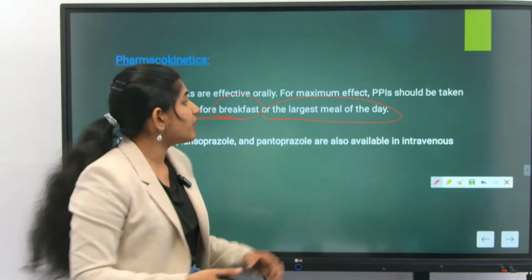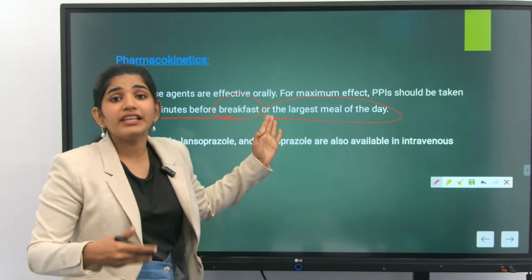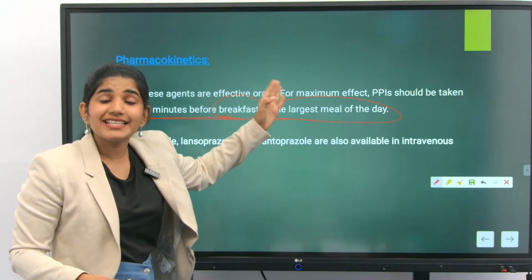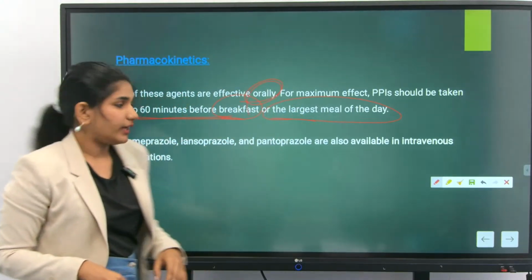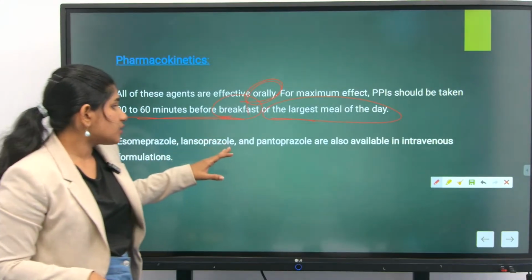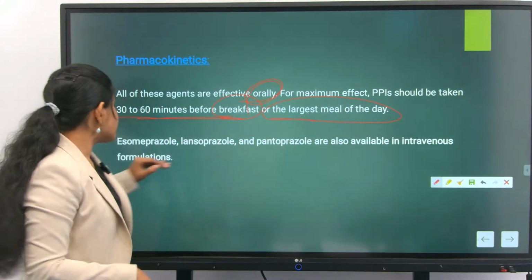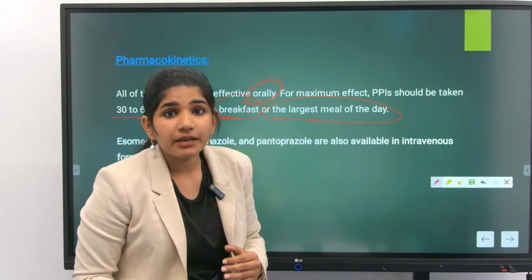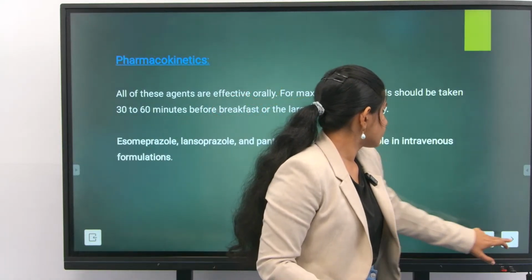All of the agents are very effective orally and can be effectively taken orally. Esomeprazole, lansoprazole and pantoprazole are also available as intravenous formulations.